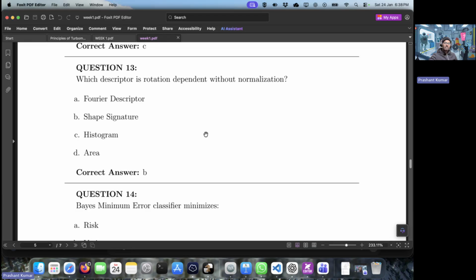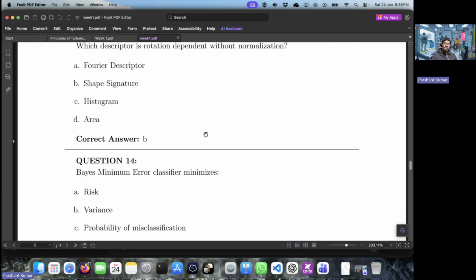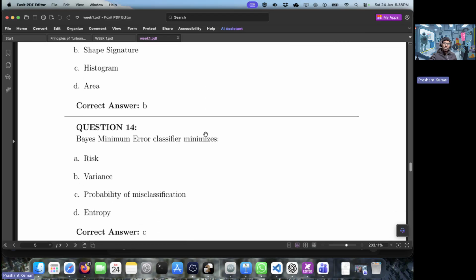The Bayes minimum error classifier minimizes the risk, variance, probability of misclassification, or entropy. The option C, yes. So what does risk tell you? You define the different losses, and those losses tell you, for all the probabilities, for which action the risk is minimum.